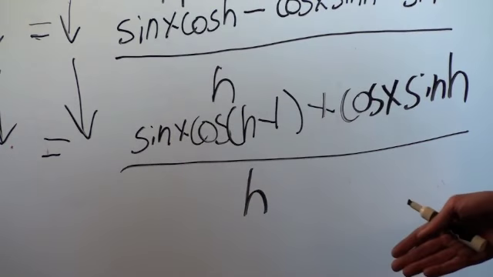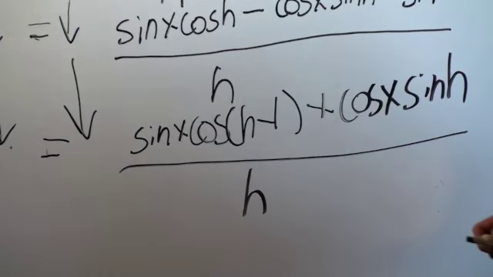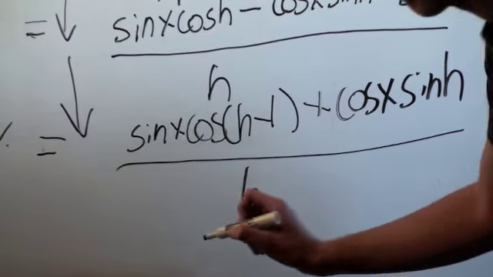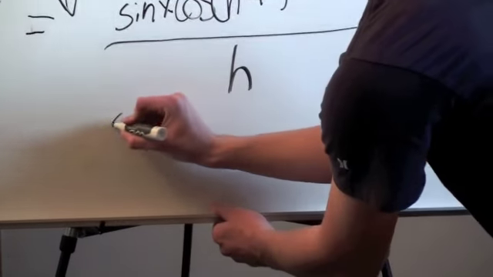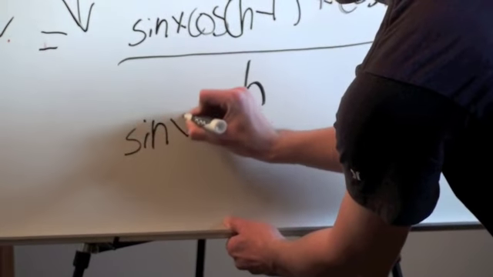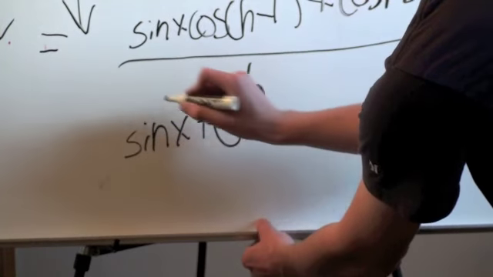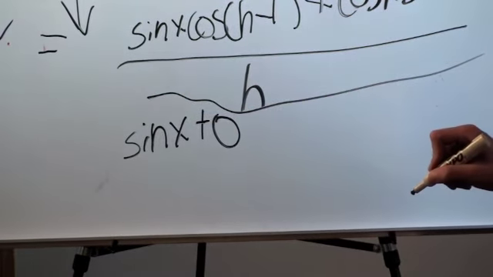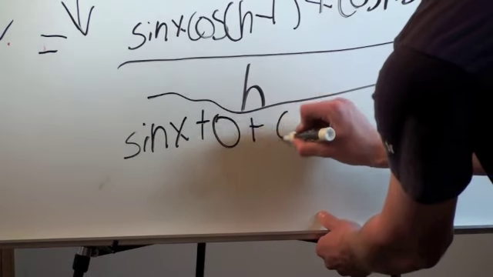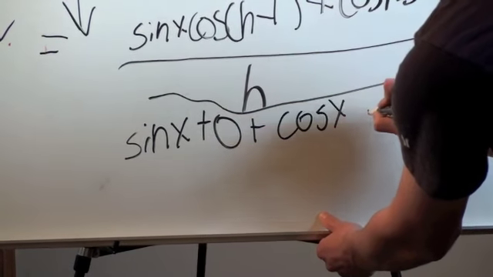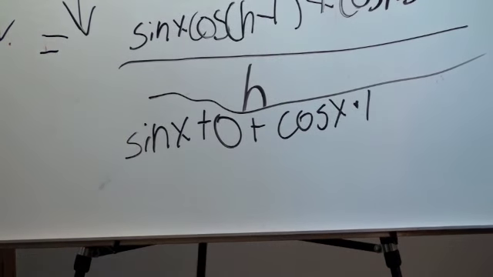That seems pretty complicated and wordy, but it really all boils down to sine x plus 0 and then plus cosine x times 1.